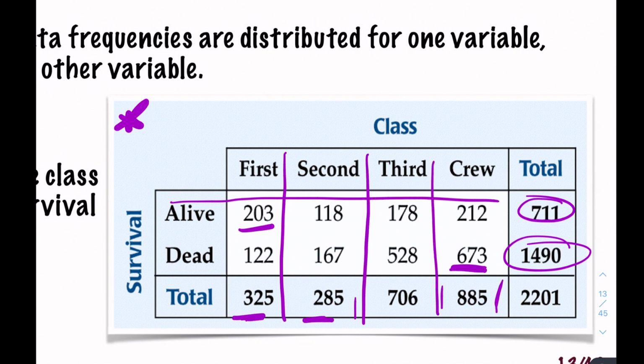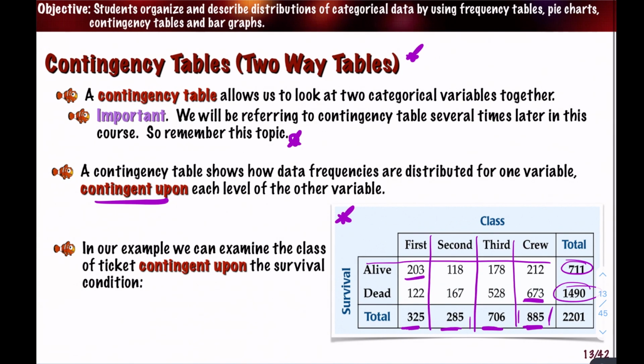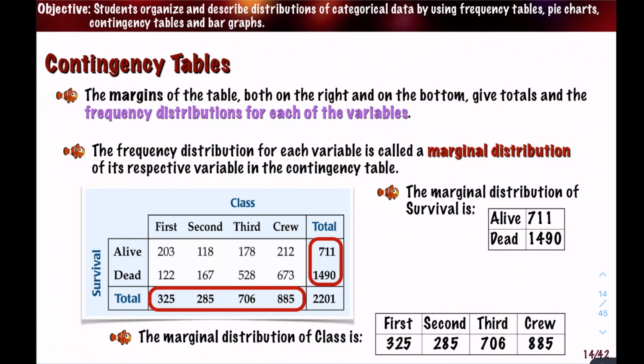And we have each of these values that are total amounts in each of first, second, third, and the crew values. Those things are called something. We call those margins, where we have the totals, the marginal distributions.